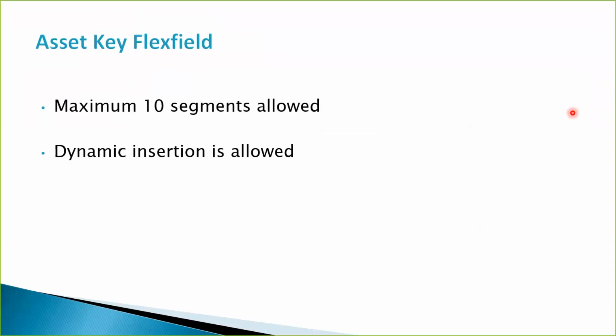Now, finally, we have our asset key Flexfield. For our asset key Flexfield, you have a maximum of 10 segments allowed. So it's more than the other two, which were 7 each. And dynamic insertion is allowed. So this allows you to enter various types of combinations in terms of your asset key descriptions.